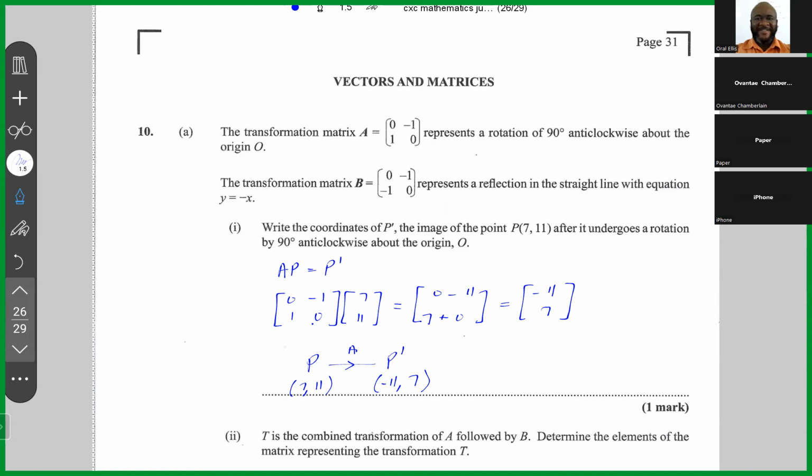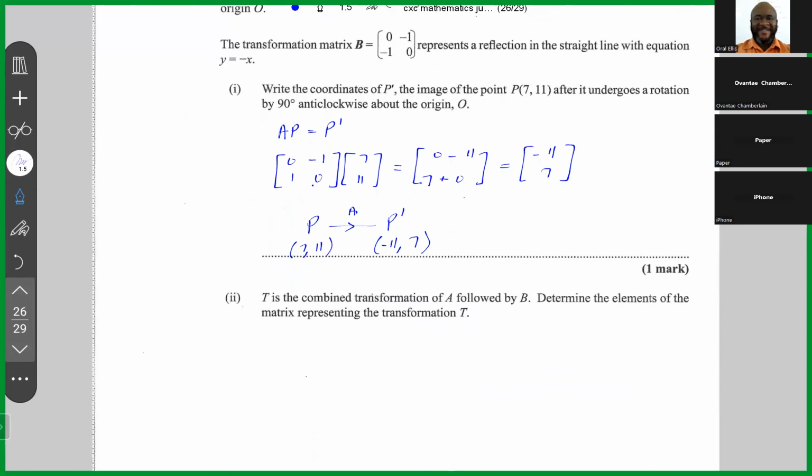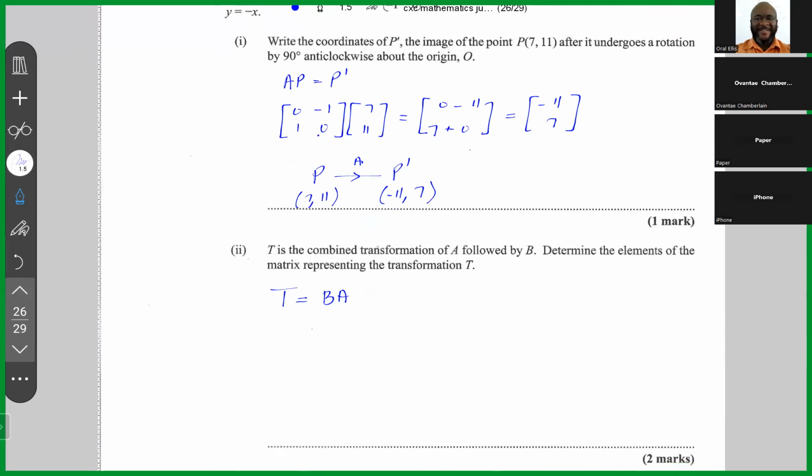All right, it says T is the combined transformation A followed by B. Determine the elements of the matrix representing the transformation T. So T is A followed by B, so it means that T would be BA. To get the matrix that represents the combined transformation A followed by B, you're going to multiply the two matrices, but you put the last matrix first and the first matrix last when you multiply them.